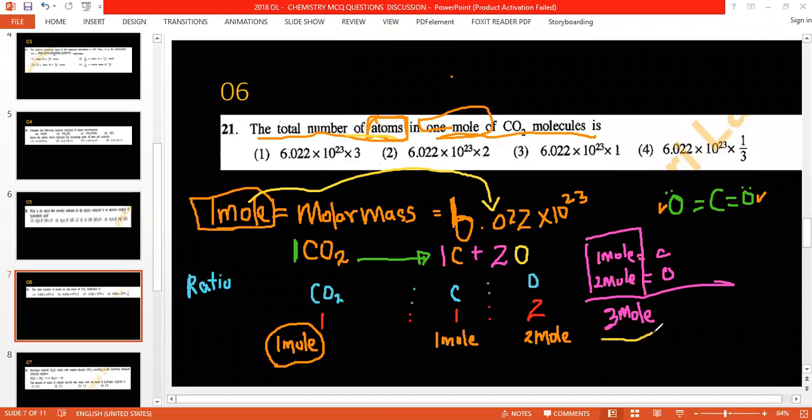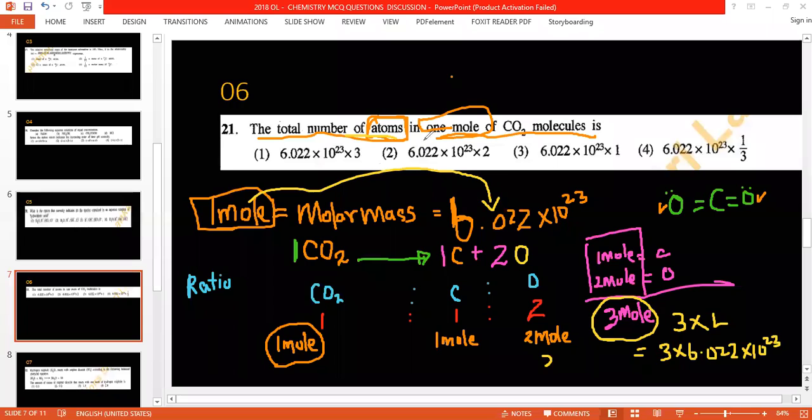If it's 3 moles, then 3 into the Avogadro constant, that is L. So 3 into 6.022 into 10 to the power 23 atoms.